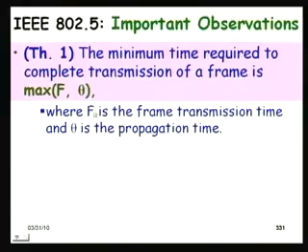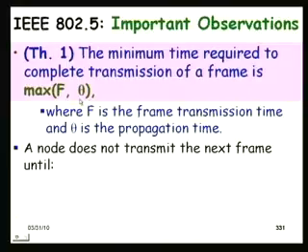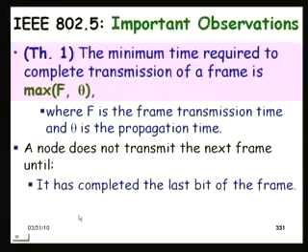So, why do we say this? The time required to complete transmission of a frame is max f comma theta because a node would not transmit the next frame until it has completed the last bit of the current frame being transmitted. So, that accounts for f.